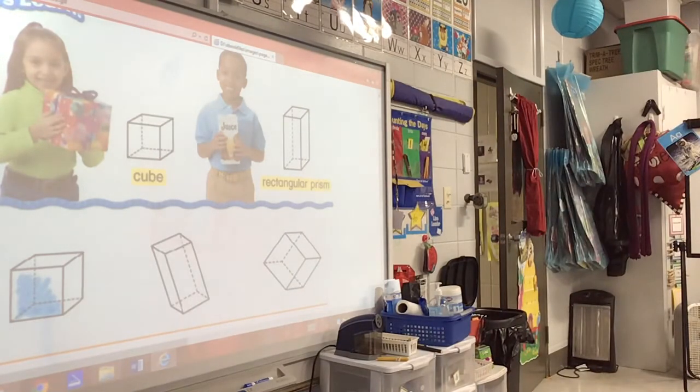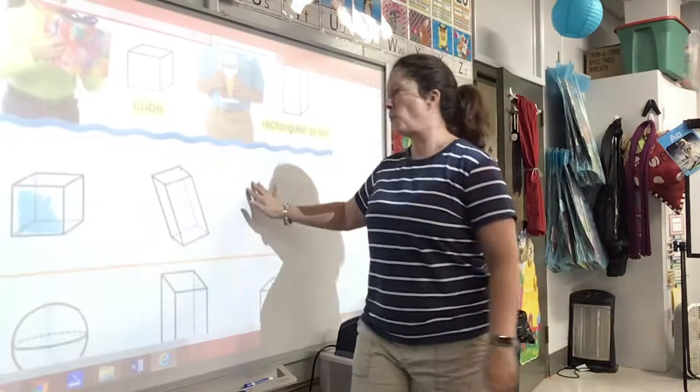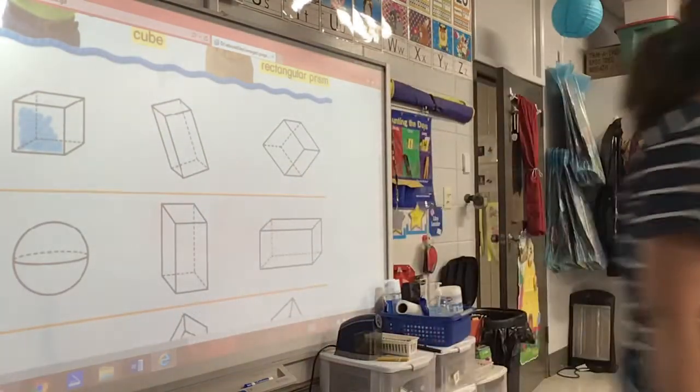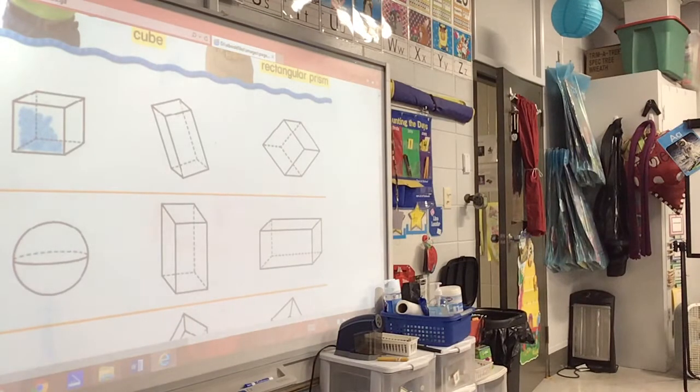So we're going to look at our page right here, and we're going to be on the row with the ducky. What I want you to get out is one crayon. It does not matter what color. Isabel, get out one crayon.